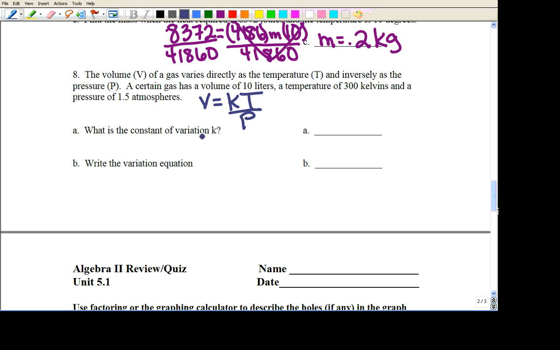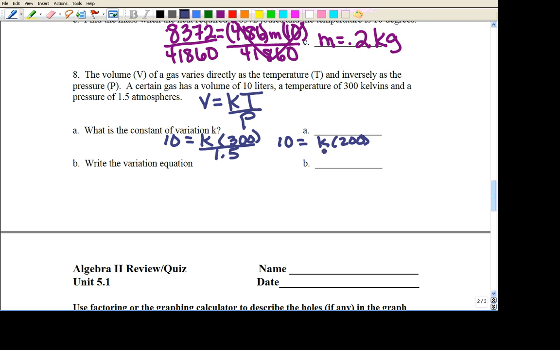So now to figure out the constant of variation K, we plug in the information that they gave us. So it has a volume of 10. We're looking for K. It gave us a temperature of 300 and a pressure of 1.5. So 300 divided by 1.5, we'll end up with 10 equals K times 200.